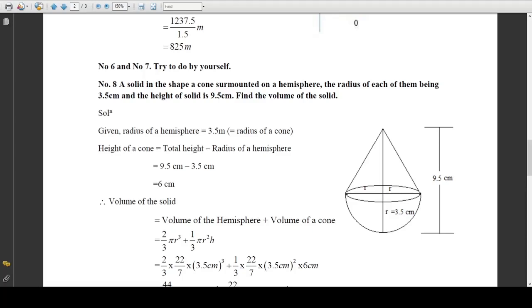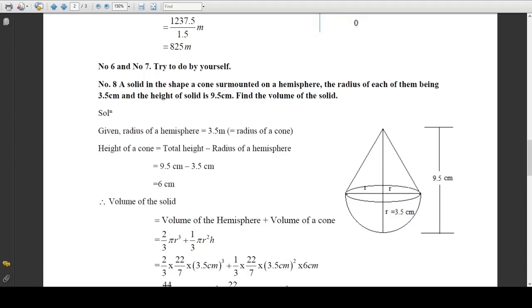Okay, now here the total height is given as 9.5, and the radius of the hemisphere is 3.5. That means the height of the cone will be the total height minus the radius of the hemisphere. Okay, 9.5 minus 3.5, what are we getting? We are getting 6 meter.